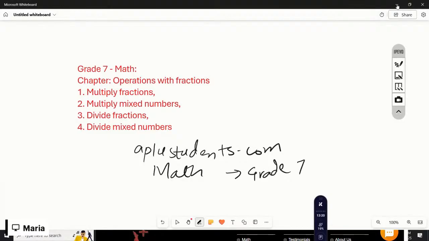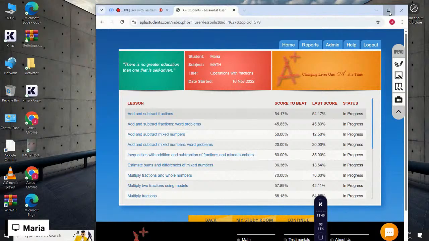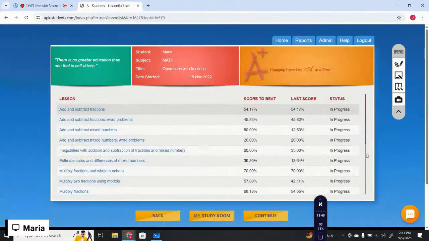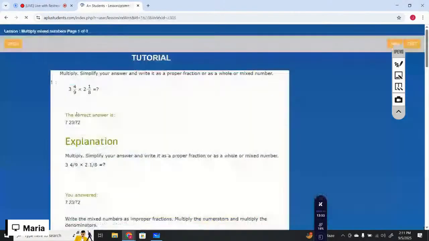Next lesson is multiply mixed numbers. 3 whole 4 by 9 times 2 whole 1 by 8.